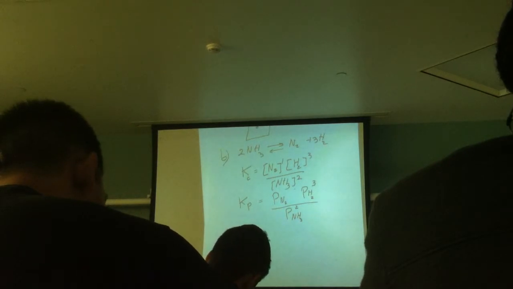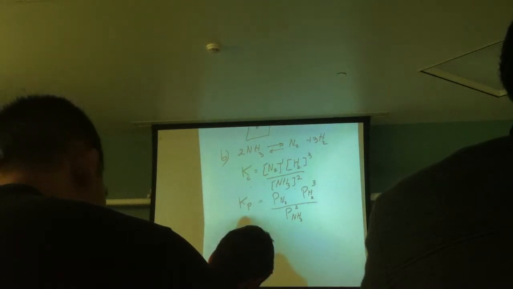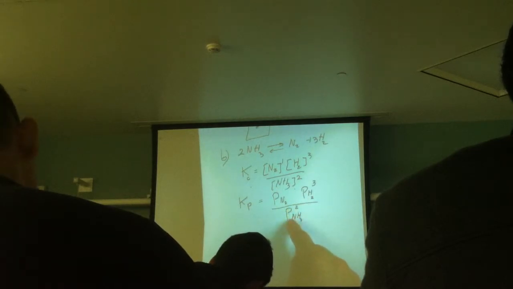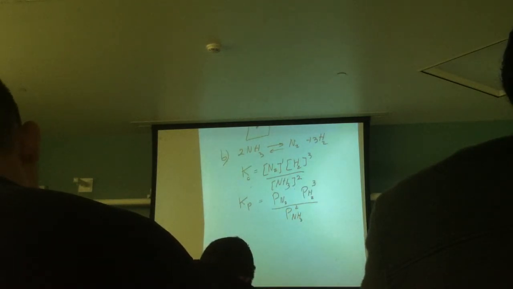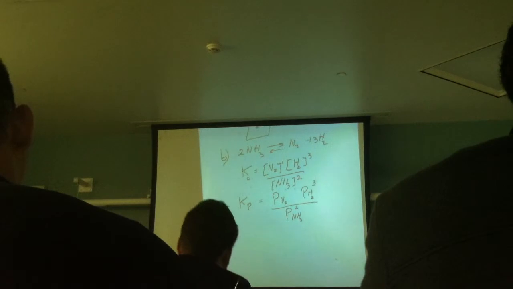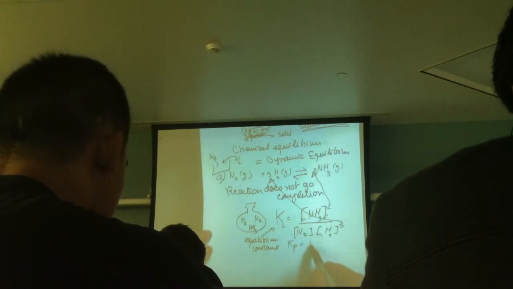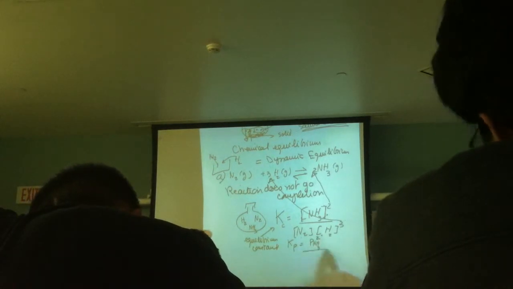Can I go to part A and put a similar expression? Why did we put it sub P? The concentration expressed in what? Pressure. Let's go here. Can you do part A on your own, young people? K sub P, the pressure of ammonia, raise it to the power 2.